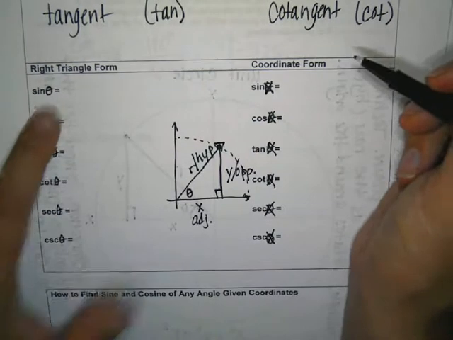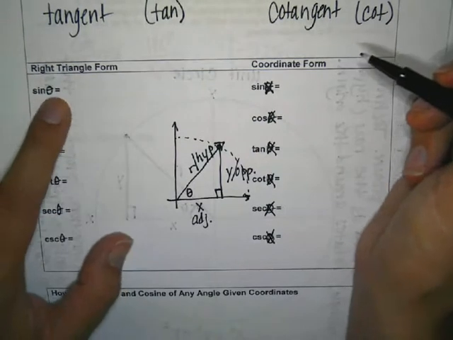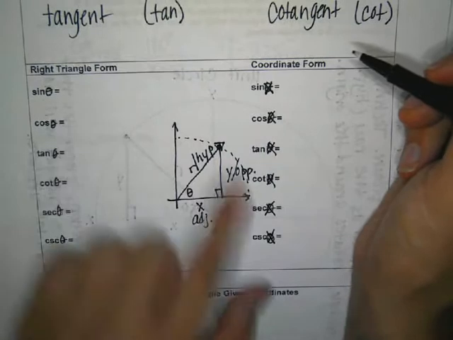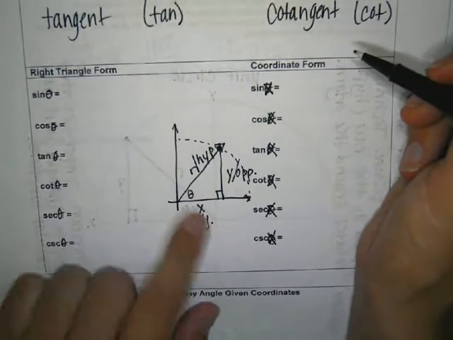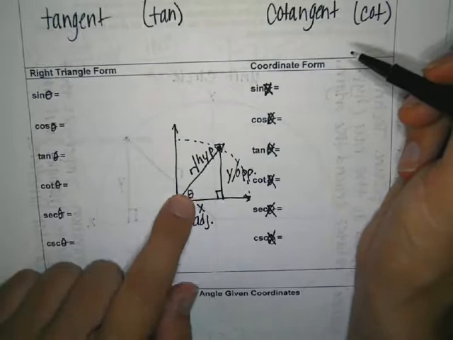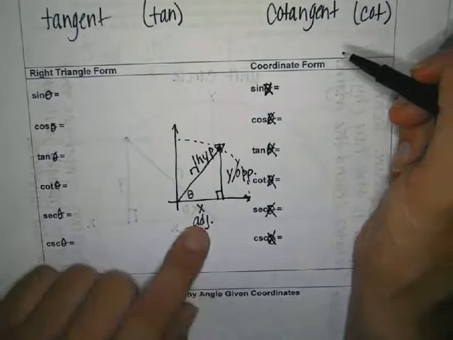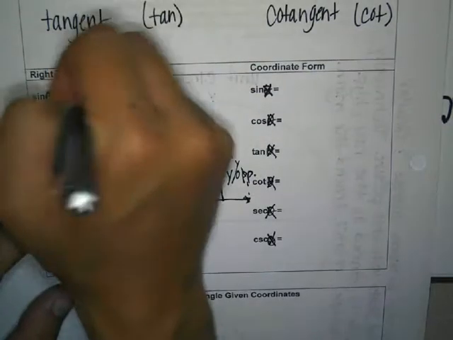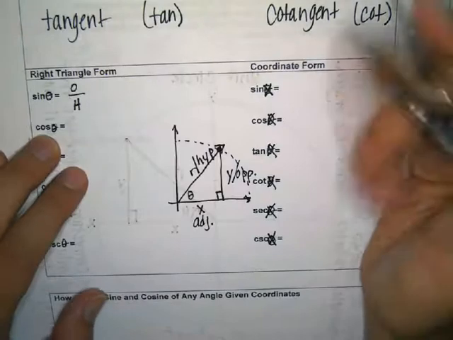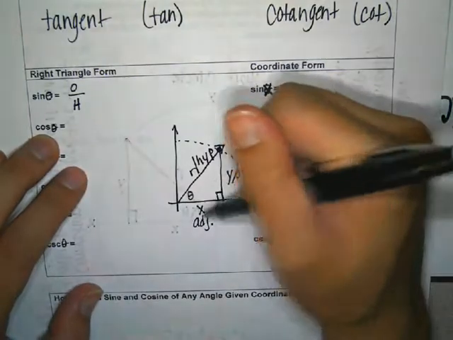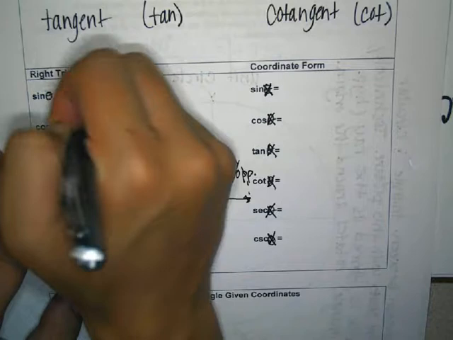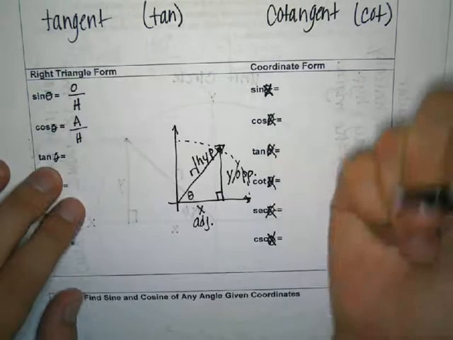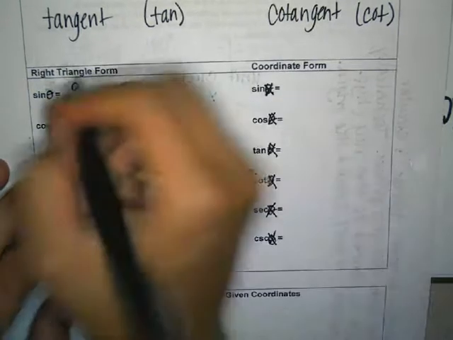Alright, so the definition of sine, or how you find the value of sine, is you need to look at the right triangle, and the ratio for sine is sine of theta is opposite over hypotenuse. Cosine's definition is adjacent over hypotenuse. Tangent is opposite over adjacent.